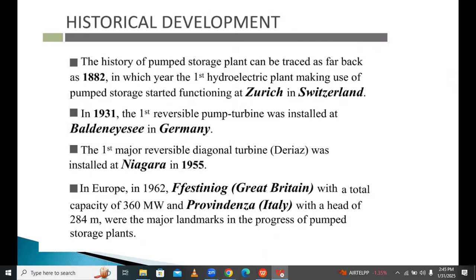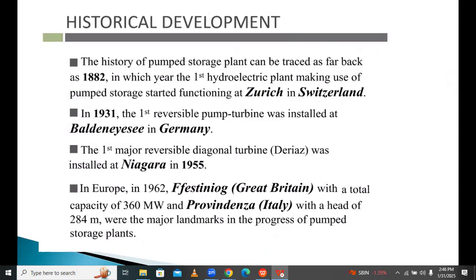In 1931, the first reversible pump turbine was installed in Germany. Whatever machine you are using, the same machine can act as a motor and a generator. In generating condition, it acts as a generator: the turbine rotates and we generate electricity.